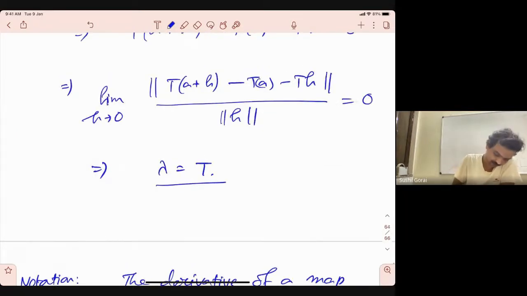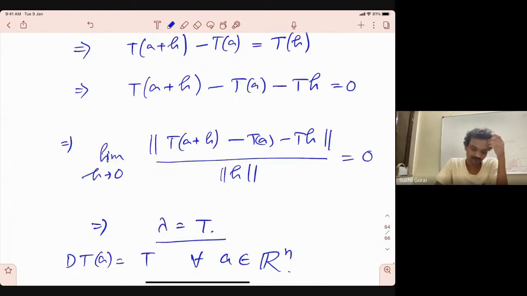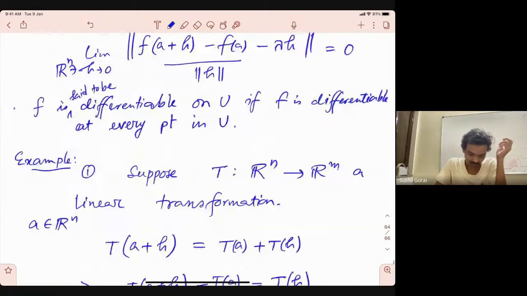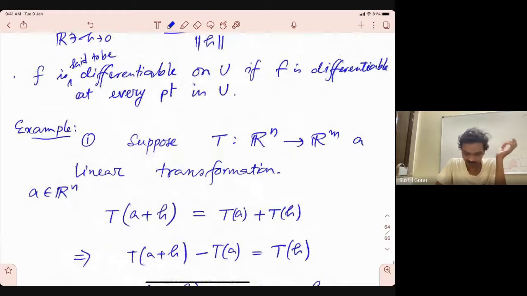So here dT at a is lambda, which is T for all a in Rn. Right, so T is the linear transformation, and this works.